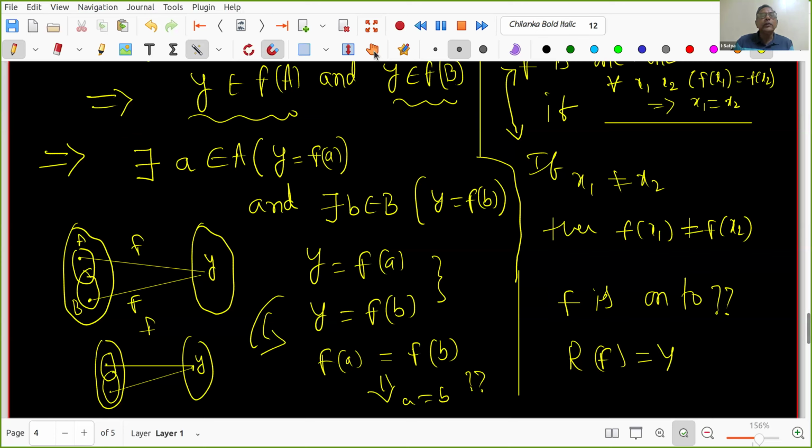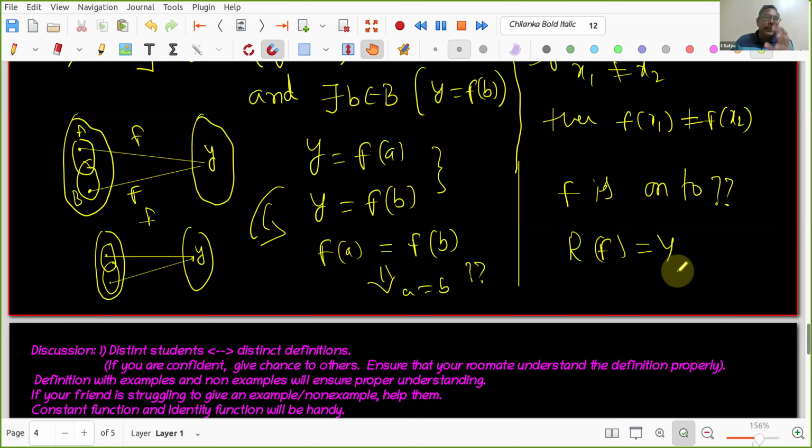So an onto function depends upon this. F is onto means that, looking at the elements of Y, given any small y belonging to capital Y, there exists an x such that f of x equal to y. That is what she is telling, and you are correct.